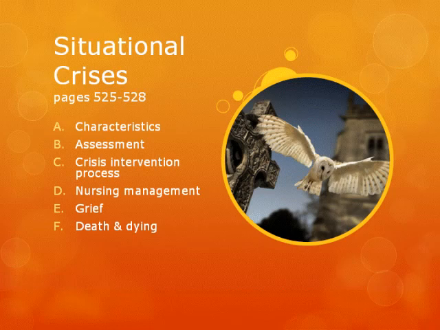I wouldn't spend a whole lot of time on table 15.9 on page 527. I certainly wouldn't memorize any of those stages. I would look at rape trauma and just read through.